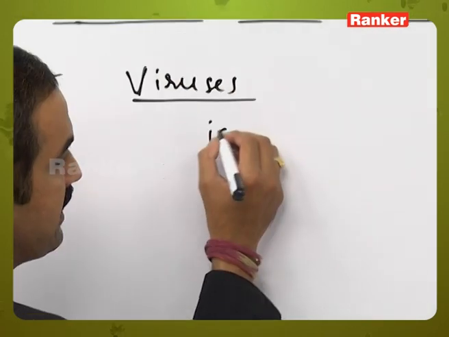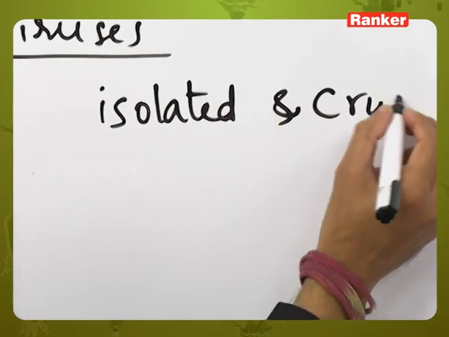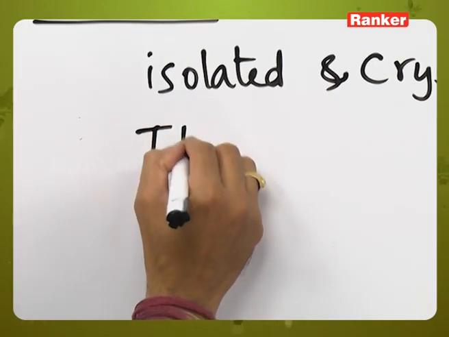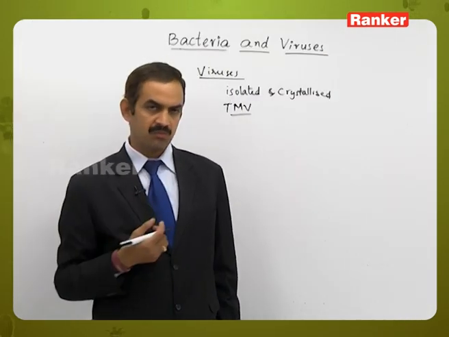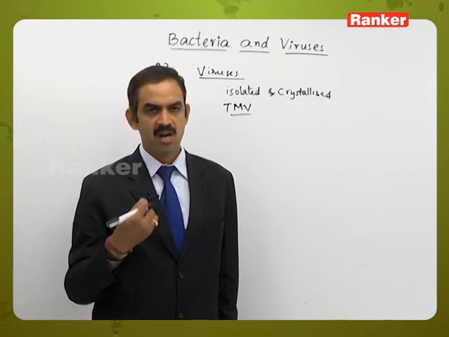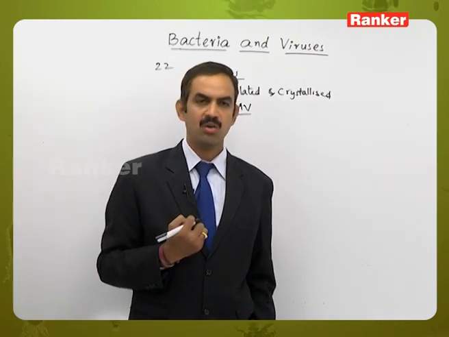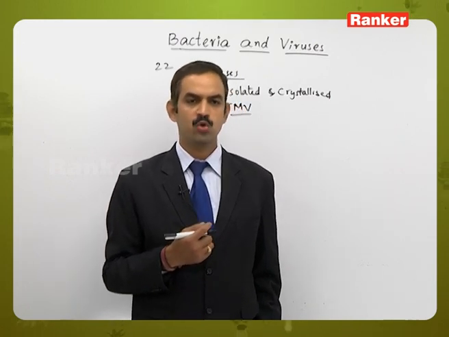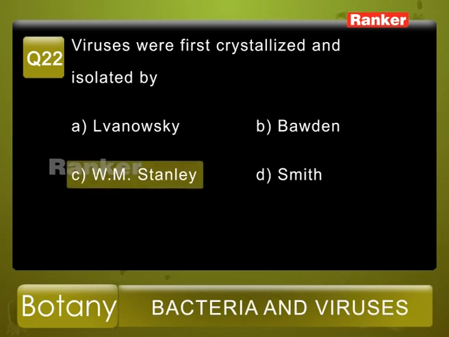He isolated and crystallized them. The first virus crystallized was the TMV virus, separated from infected tobacco leaves, and crystallized to know the nature of the virus particle. Based on that he said that they have a nucleoprotein nature. So from the given options, option C is the correct answer.